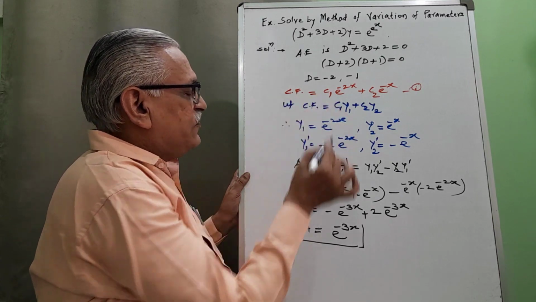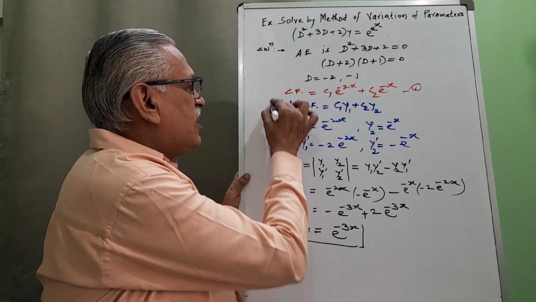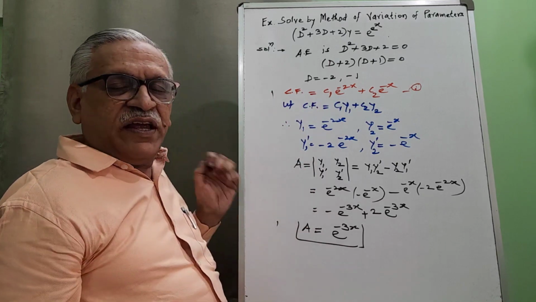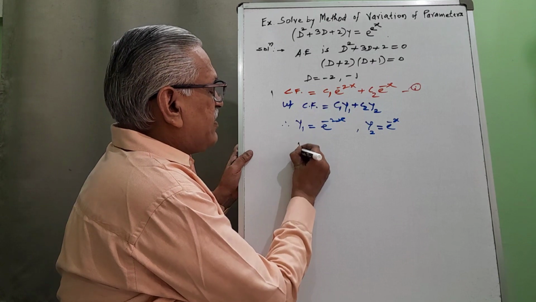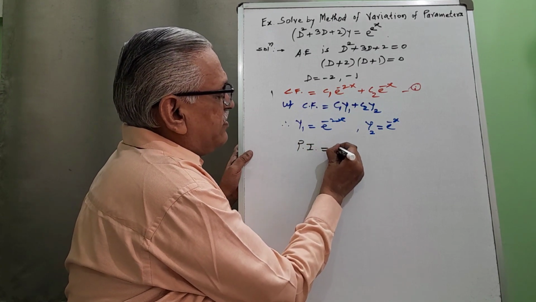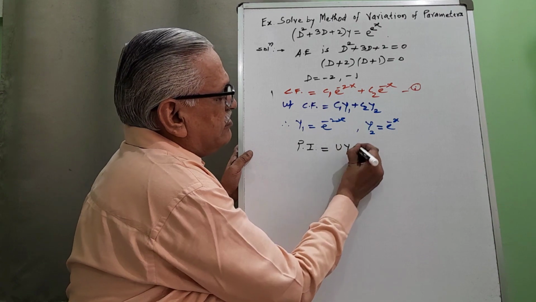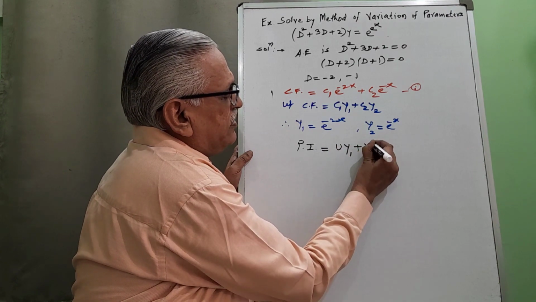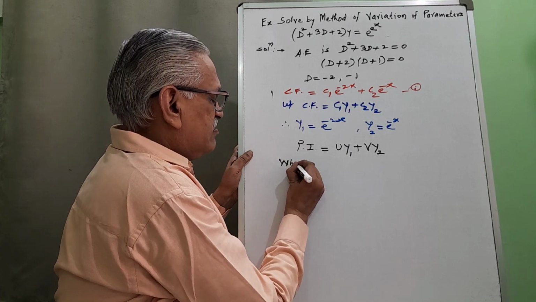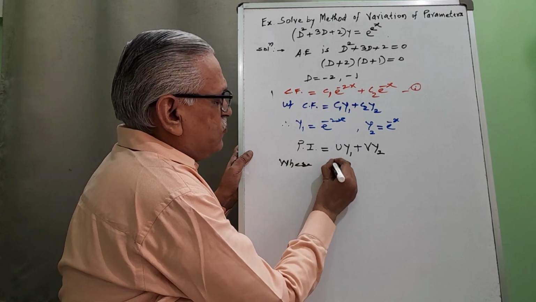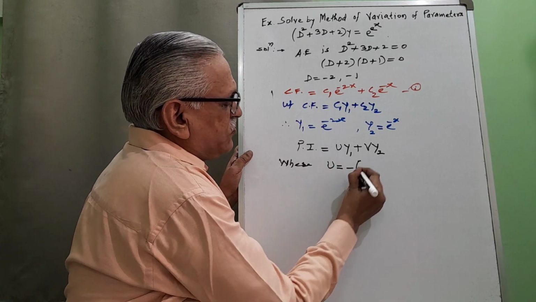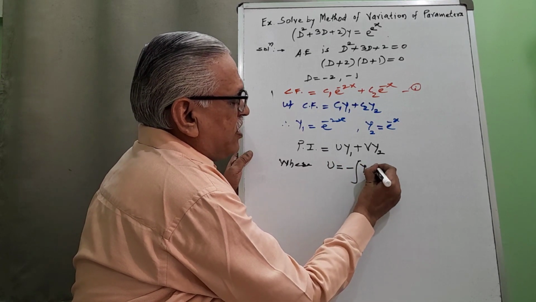Therefore, if the question is for 5 marks, 1 mark is for the CF, 1 mark for finding A. Then the second part, the particular integral, is obtained by the formula u y1 plus v y2, where the value of u is obtained by minus integration of y2 into phi of x.